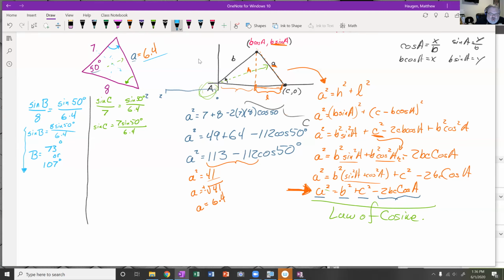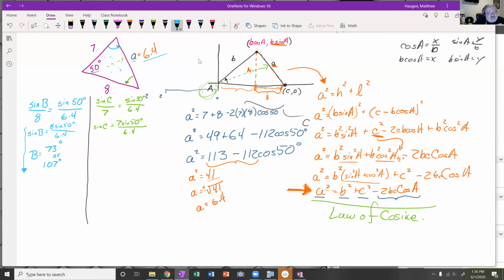Do we know whether that blue angle is acute or obtuse? We don't know. So either one of those could work.